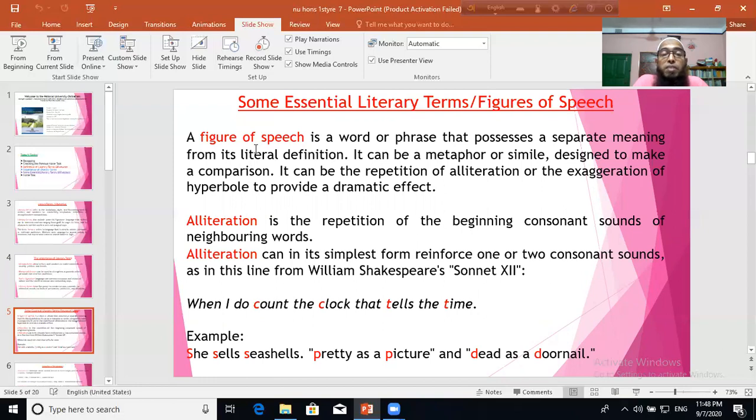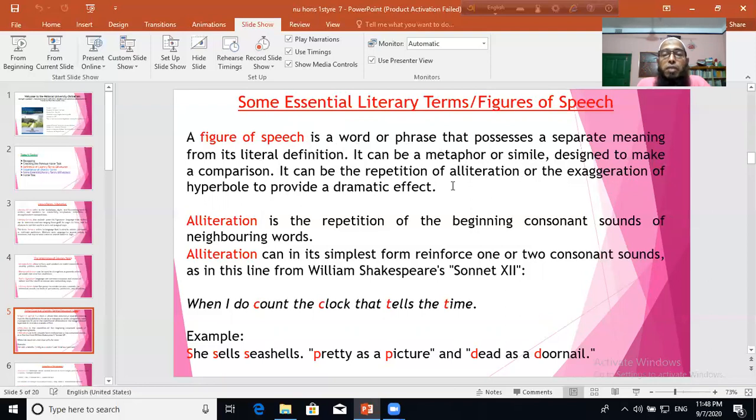On the other hand, a figure of speech is a word or phrase. It's actually the ornamental use, the decoration of the language. A figure of speech is a word or phrase that possesses a separate meaning from its literal definition. It can be a metaphor or simile designed to make a comparison. It can be the repetition of alliteration or the exaggeration of hyperbole to provide a dramatic effect.